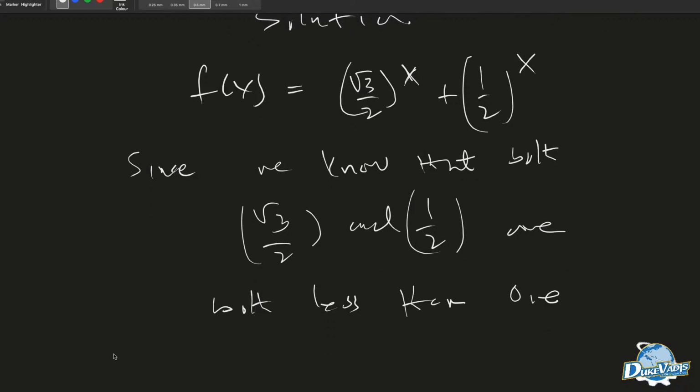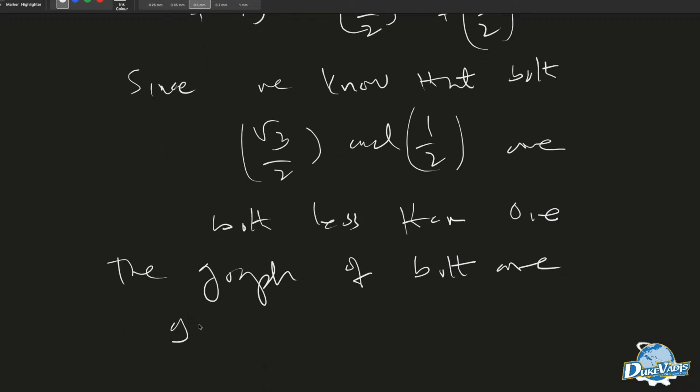the graph of both are going to be decreasing exponentially.